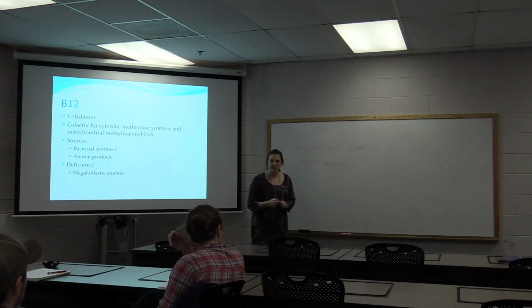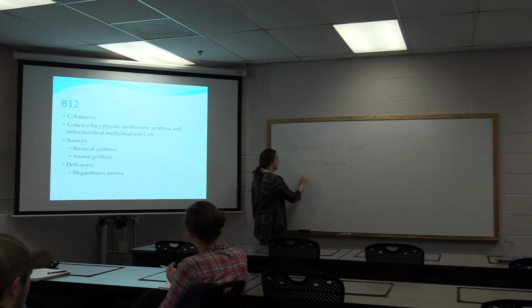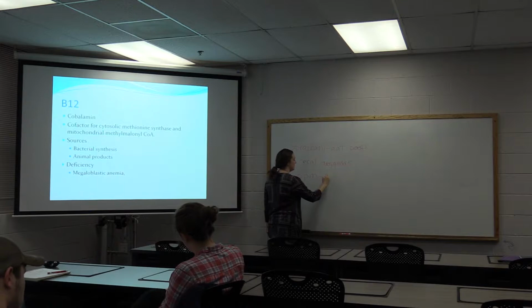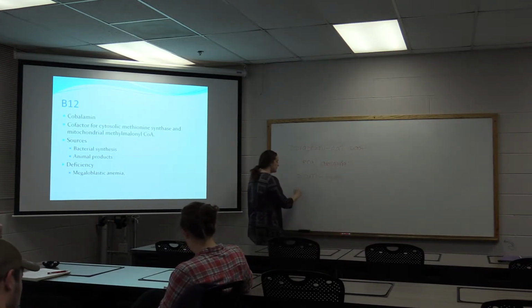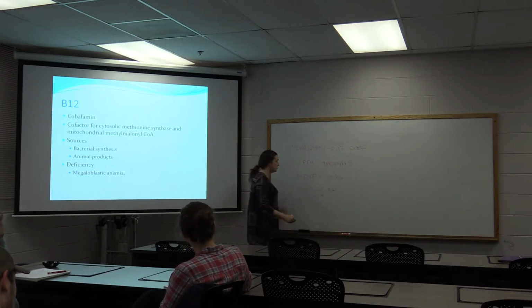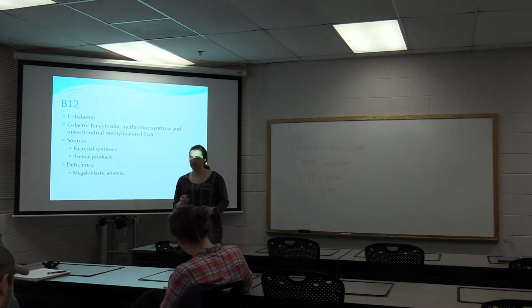All other vitamins are parts per million, ppm, which ends up being a milligram per kilogram. B12 is parts per billion, which ends up being microgram per kilogram. So you don't need much. You need like a microgram per day.